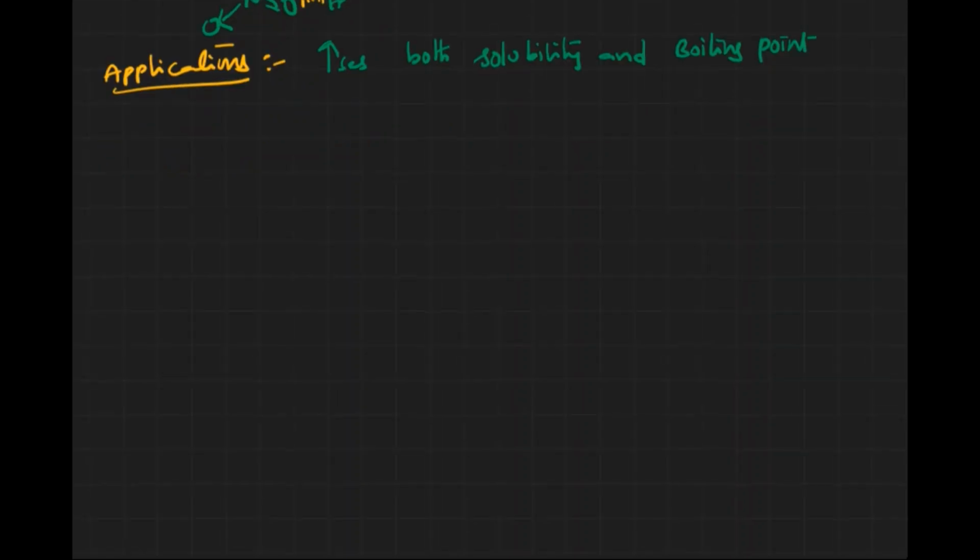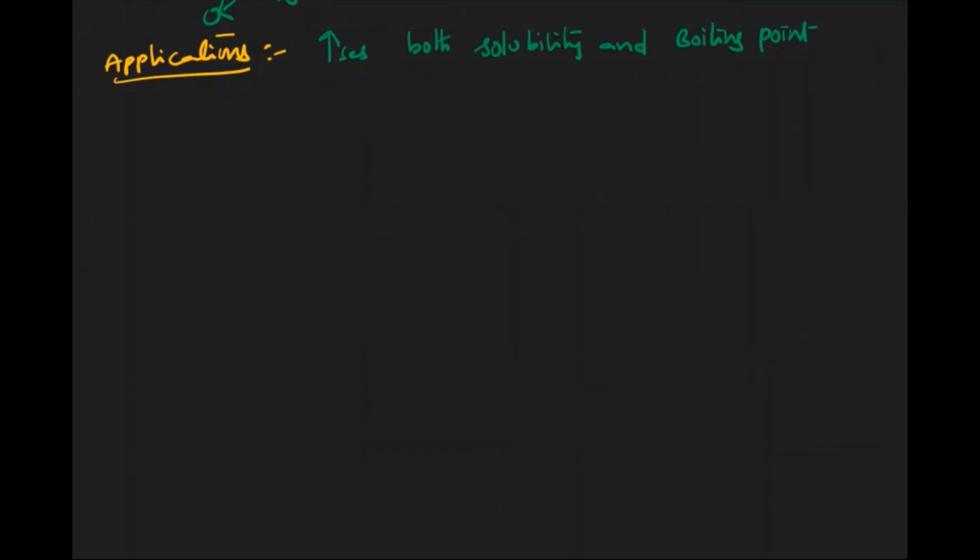Let us see some examples. We have NH3 and PH3. Let us see which has the higher boiling point. Generally, we consider that since phosphorus has a higher atomic number and atomic mass, it may have the higher boiling point. That is absolutely wrong.